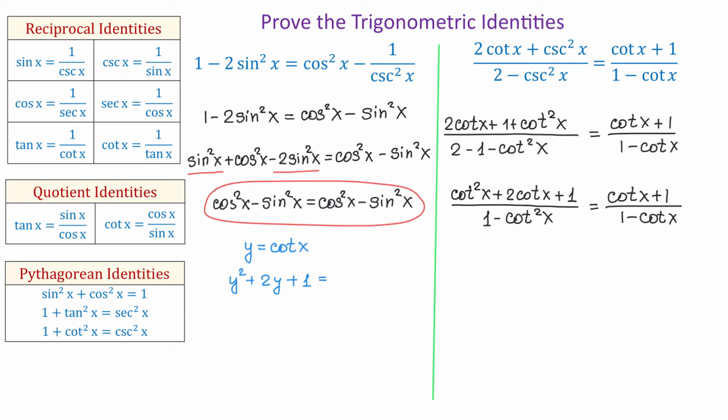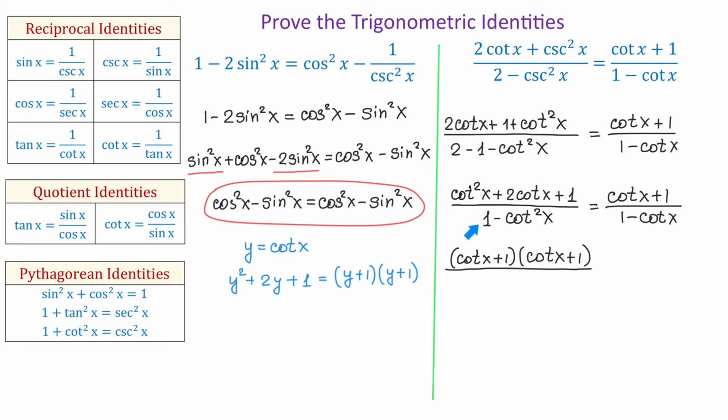Then this trinomial will be factored as y plus 1 times another y plus 1. So then, if y is cotangent of x, now I can write the numerator as cotangent of x plus 1 times another cotangent of x plus 1.